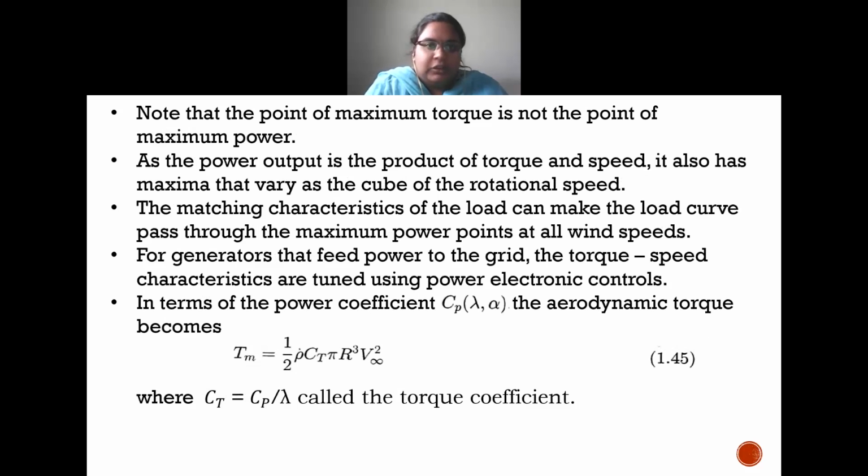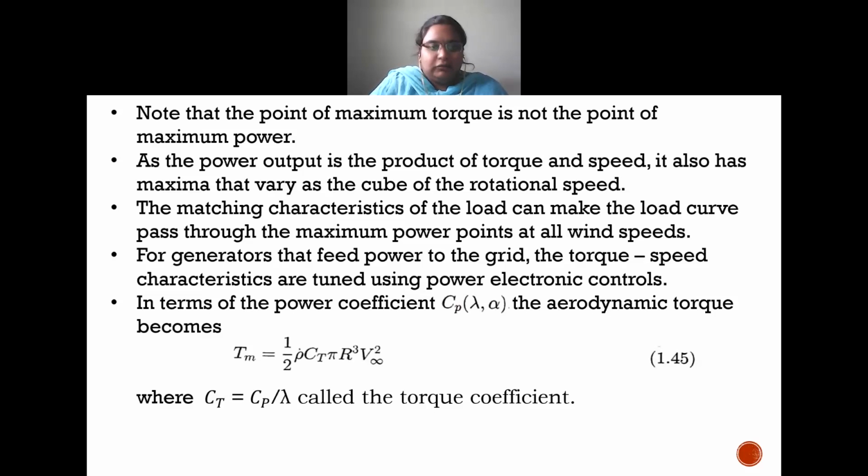Now, note that the point of maximum torque is not the point of maximum power. We need to understand this: maximum torque does not mean maximum power. As the power output is the product of torque and speed, it also has maxima that vary as the cube of the rotational speed.